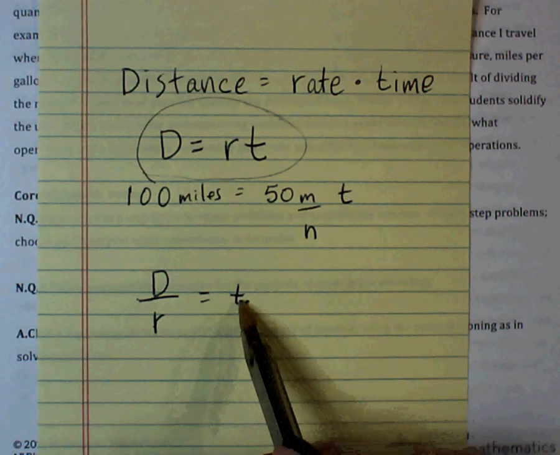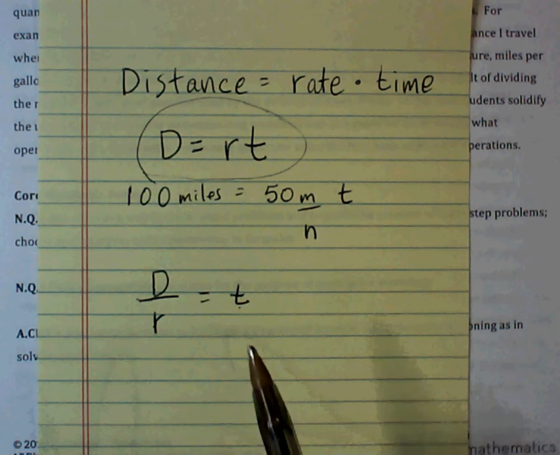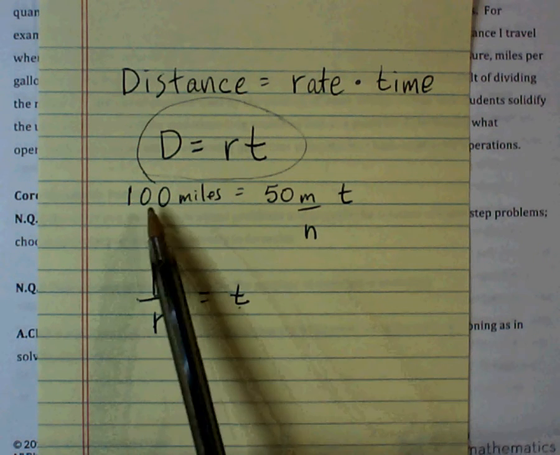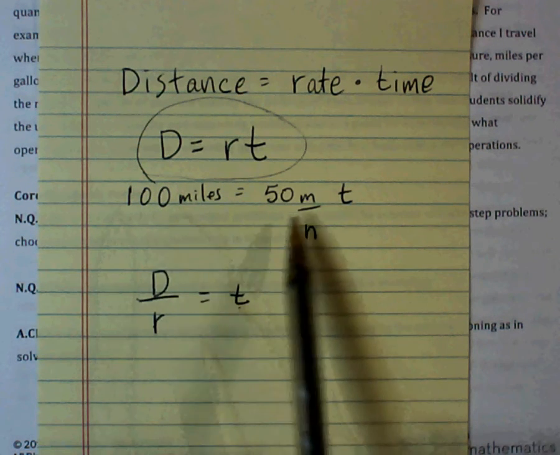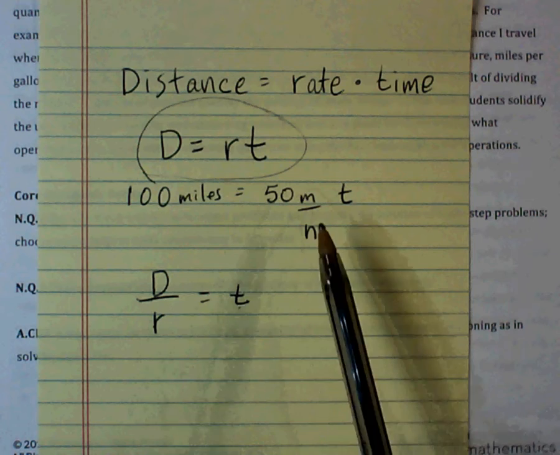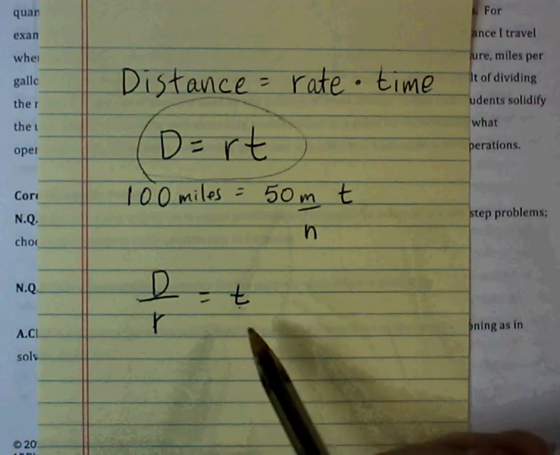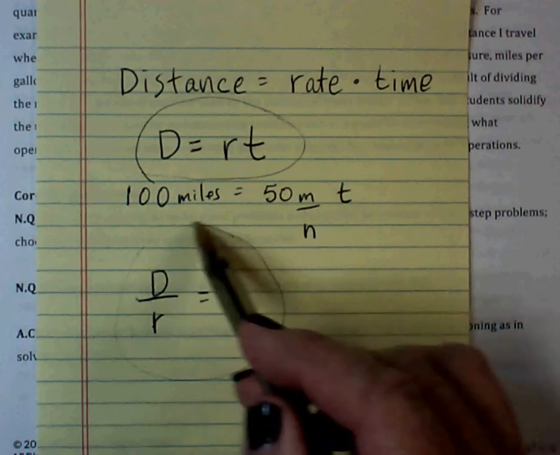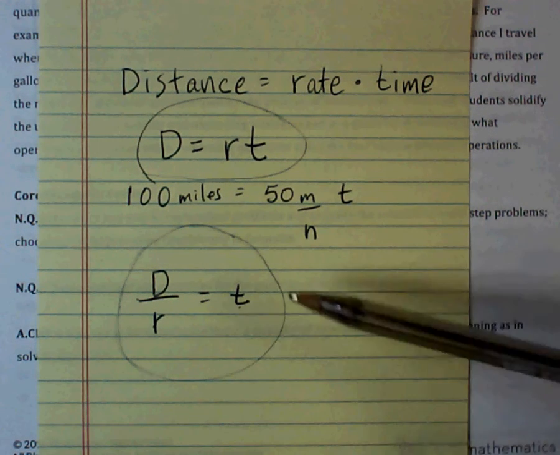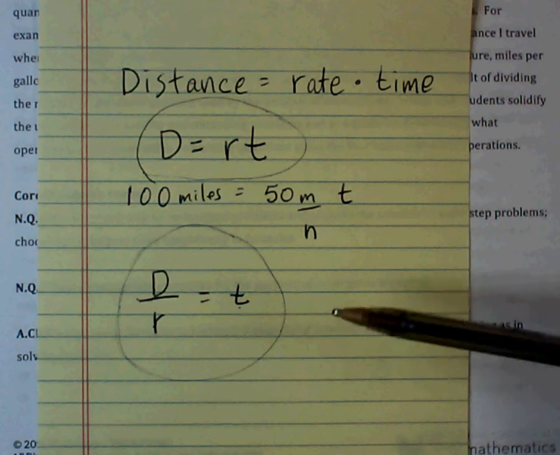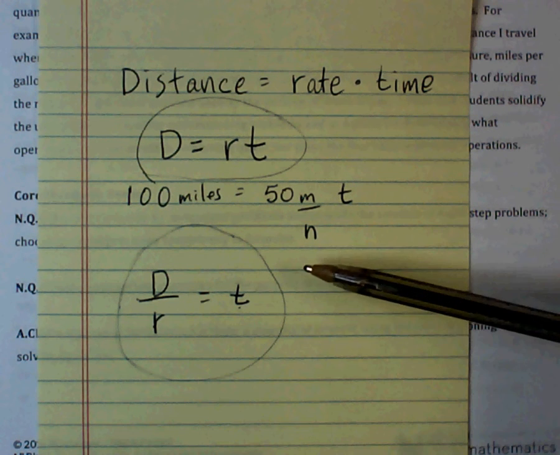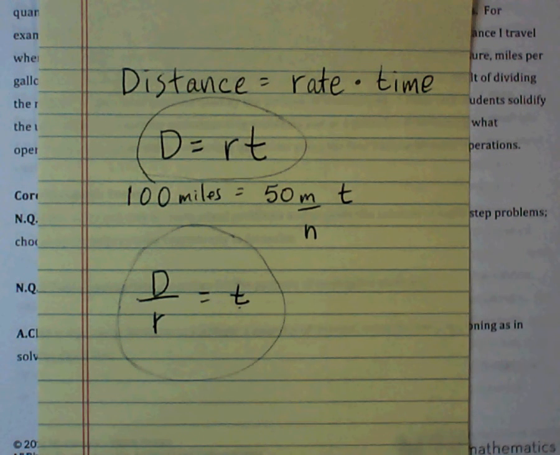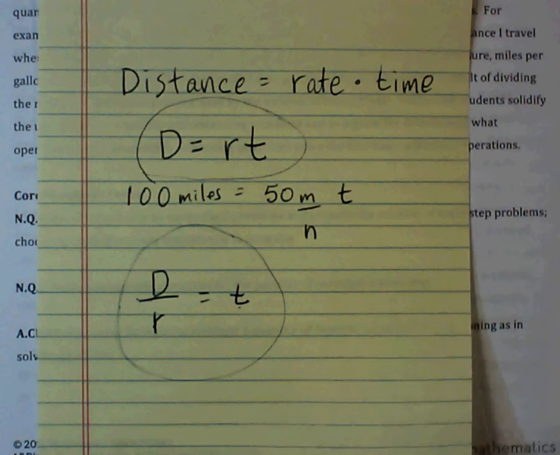So it would take 2 hours to go 100 miles. You could have done that in your head, but if you had decimals and you wanted to use a calculator, it'd be very handy to know how to do this. So this is using what you already know about math in a different way. That's one of the points of this lesson.